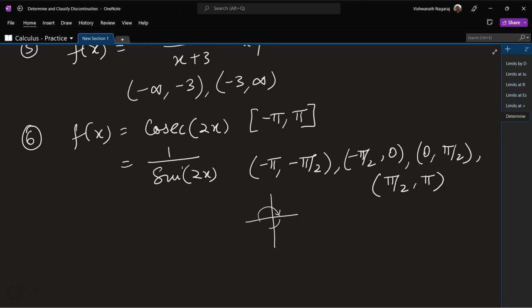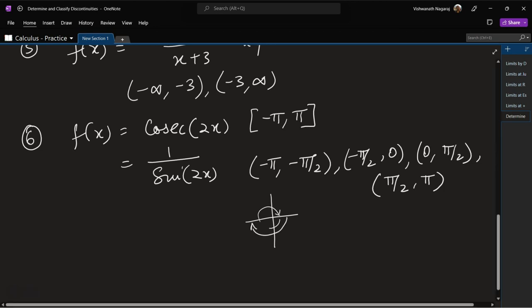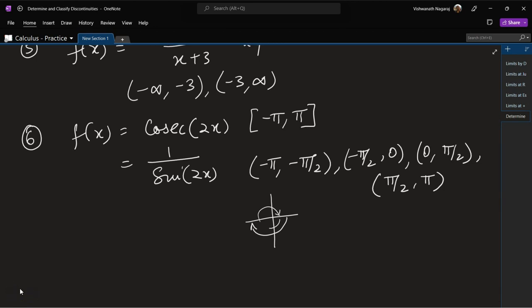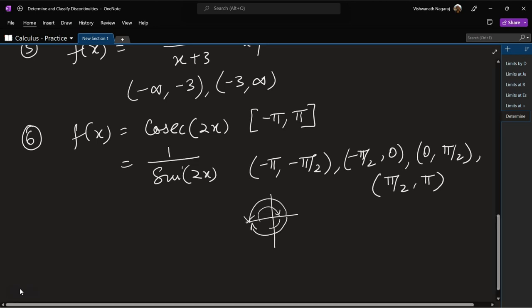Now if we say minus pi by 2, 2 times minus pi by 2 is minus pi. So minus pi is a semicircle, which is again 0. Again pi by 2 is in this direction, and 2 pi is a complete circle in this direction.